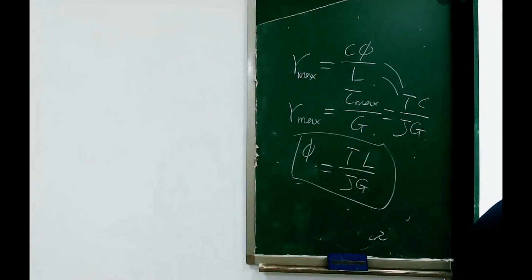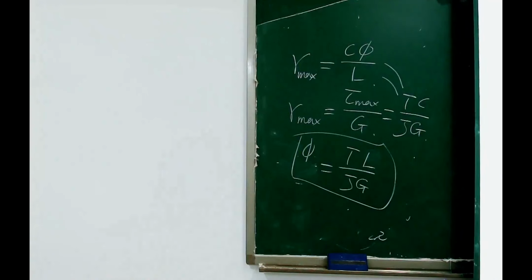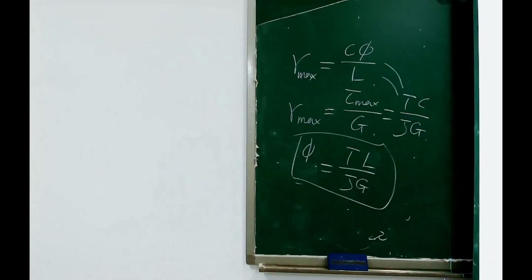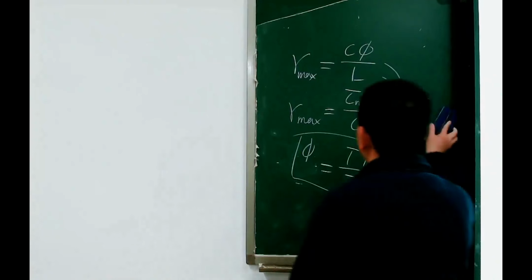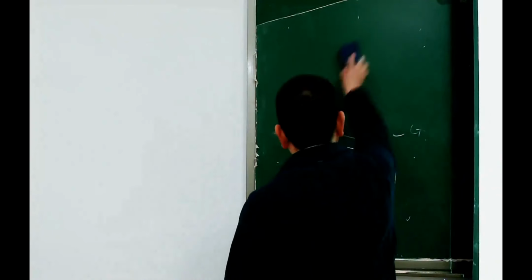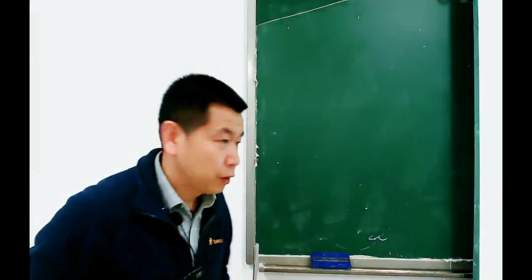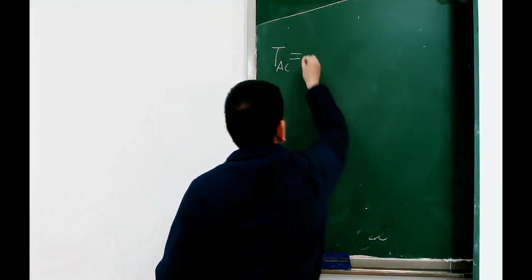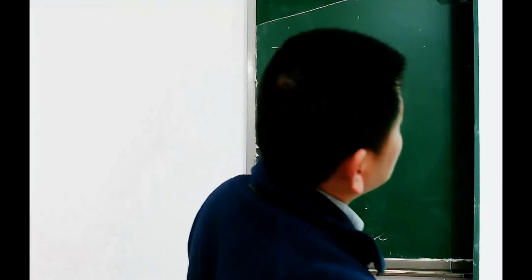Phi what? Yeah, phi ED. You have to find ED angle of twist between DE. I write it. We know. TAC, how much is TAC?